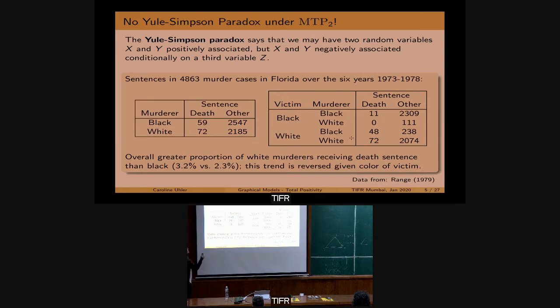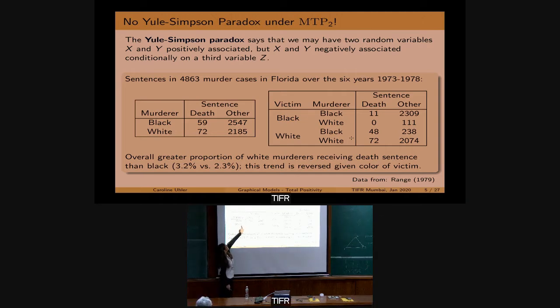If I look at how many death sentences there were in this particular time frame, you'll see that there are more white murderers that got the death sentence than black murderers. But as soon as I stratify this by the victim's skin color as well, then in both cases there are more black murderers that got the death penalty than white murderers. In particular, there is no white murderer that got the death penalty when he or she killed a black victim. So that's disturbing, right?